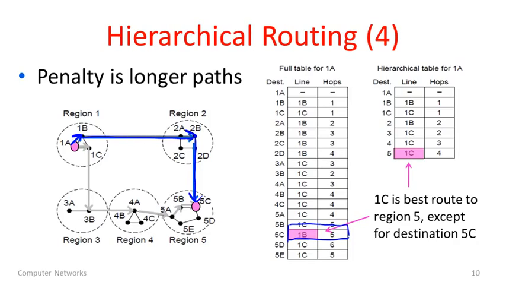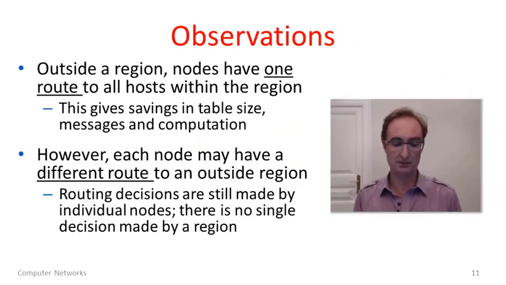However, in the hierarchical routing version, the best route to get to region 5 is simply given here as 1C, and that took us along the other path. That's because we've forgotten about all of the detail inside region 5, and we simply wanted to get into region 5 as quickly as possible. So that's the penalty we might pay sometimes.